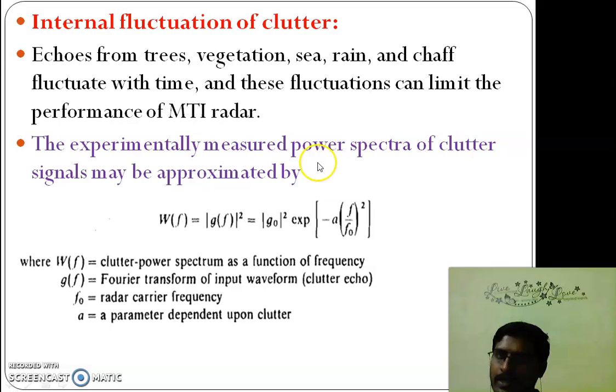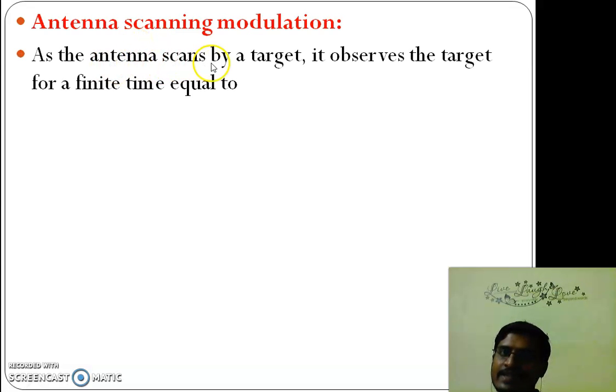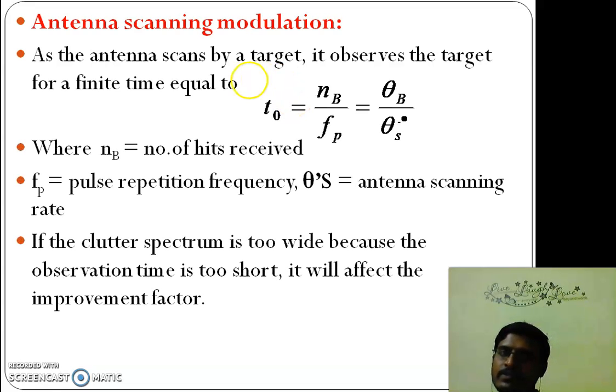So, internal fluctuation of clutter. Next, antenna scanning modulation. As the antenna scans by a target, it observes the target for a finite time equal to T naught, which is equal to n_B by f_p, which is equal to theta_B by theta_S, where n_B is the number of hits received, f_p is the pulse repetition frequency, and theta_S is the antenna scanning rate, the rate at which the antenna scans the target.